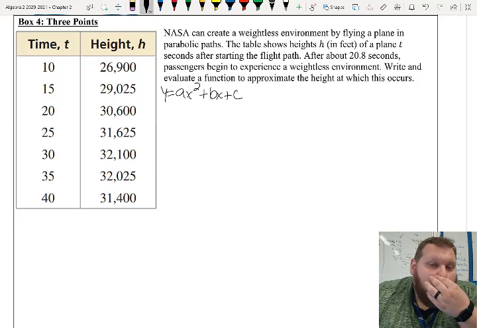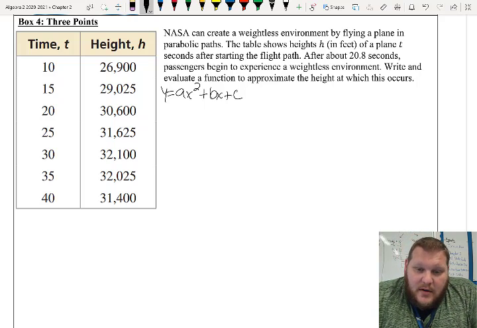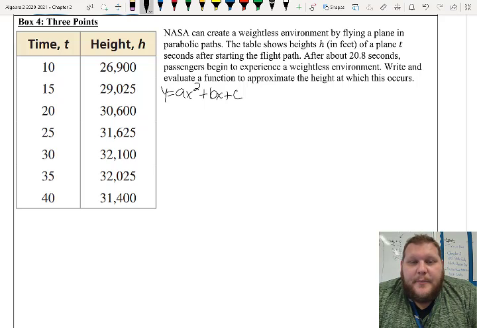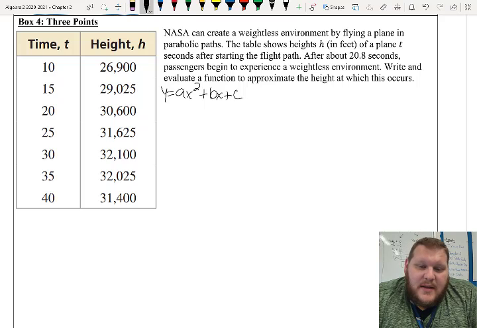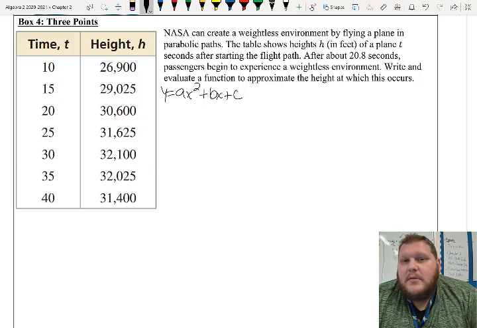And these aren't special points. We don't know if any of these are our vertex or anything like that. In this case, we can see that my numbers just keep going up. Actually, it looks like we can probably figure out that our peak is right between 30 and 35 seconds, because we go from 32,000 feet to 32,025 feet.